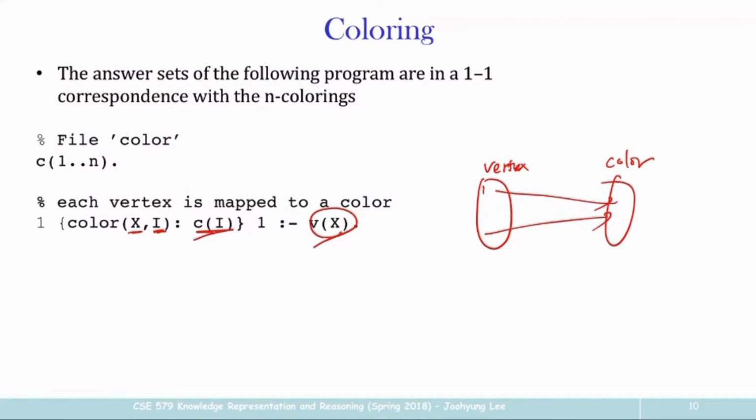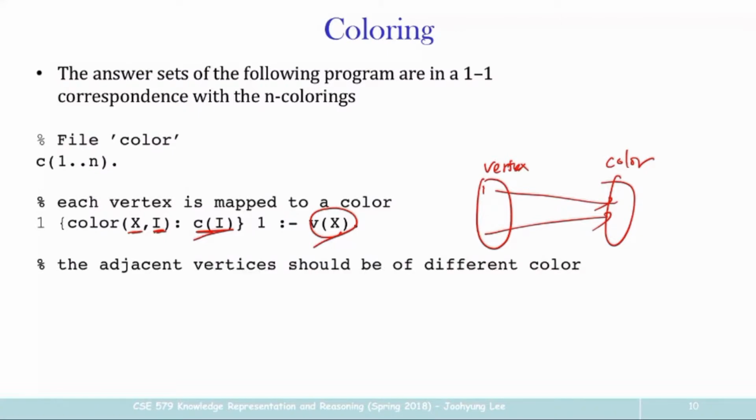Good. And the next thing is that adjacent vertices should be of different colors. Similar thing: if x is colored with I, y is also colored with I, and they are connected by an edge, then this violates the constraint. If you just add this one, then all those assignments that do not satisfy the requirement of coloring will be gone, and all the remaining ones are the good ones.